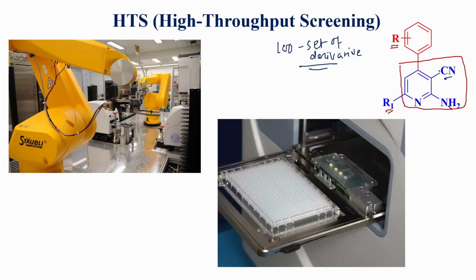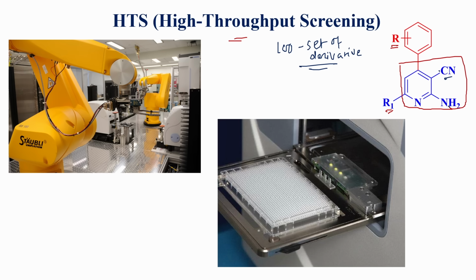We have our virtual screening process, the molecular docking process, but HTS is not virtual screening. We have to actually prepare such compounds and derivatives, and by using some highly advanced robotic technology, this HTS is done.